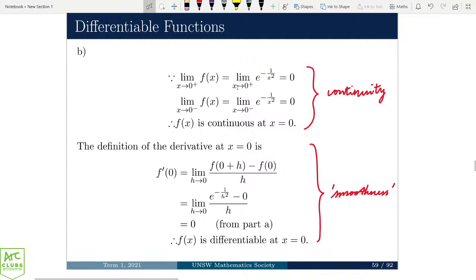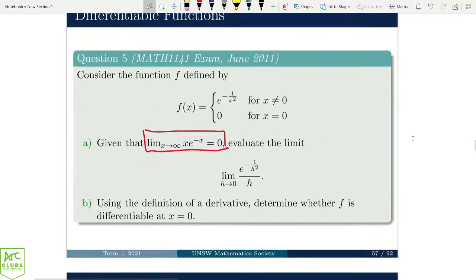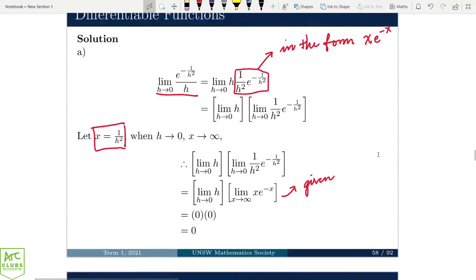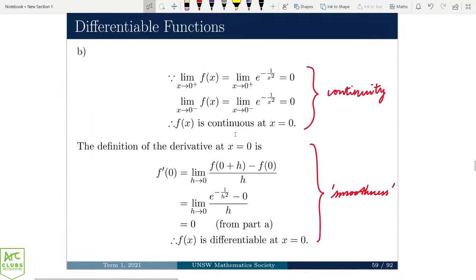As x approaches 0 on the positive side, our function approaches 0. As x approaches 0 on the left-hand side, our function approaches 0 also. Because at x equals 0, f(x) is also 0, we know that f(x) is continuous at x equals 0.